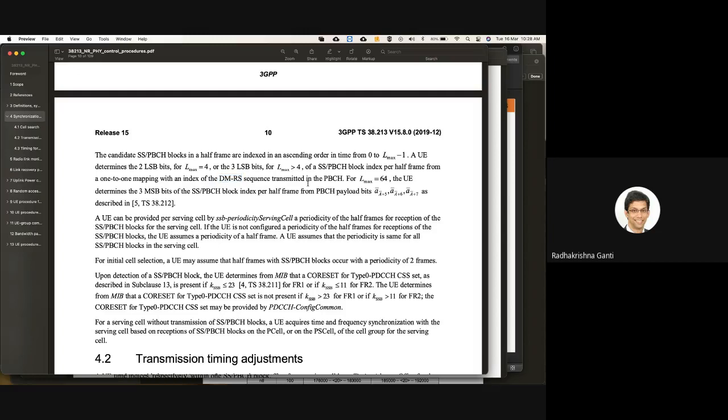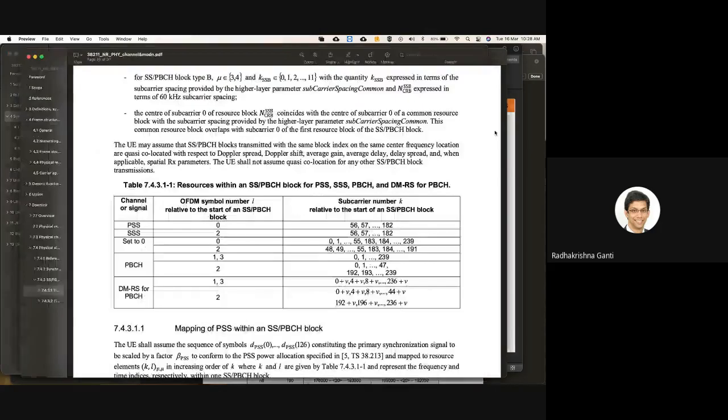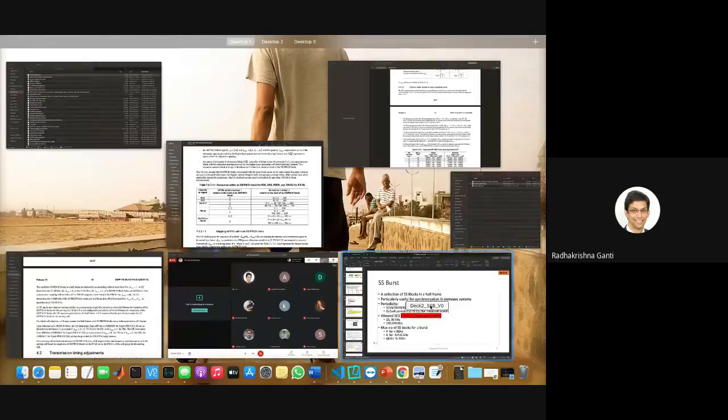So using the specific DMRS sequence that is transmitted, they find out the bits, the index of the SS block. Let me explain that in a minute.